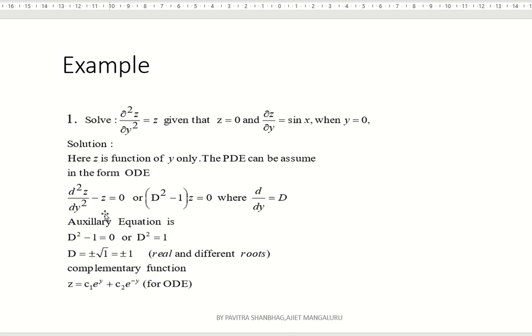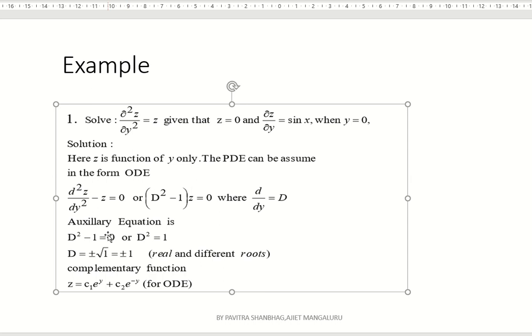Now, suppose d by dy equal to capital D. Then this gives us capital D square z minus z equal to 0, or D square minus 1 into z equal to 0, where capital D is nothing but d by dy. It is a continuation of your previous module, that is, the auxiliary equation, complementary function and all.